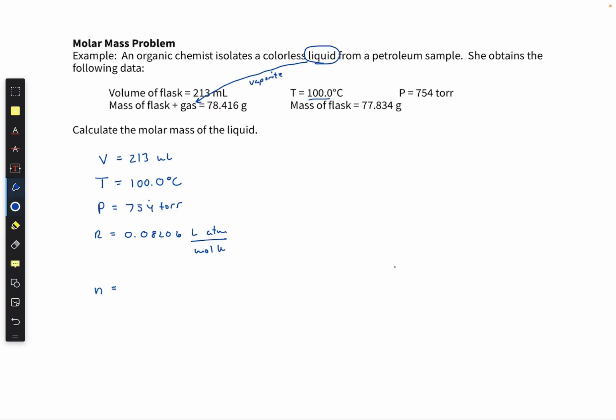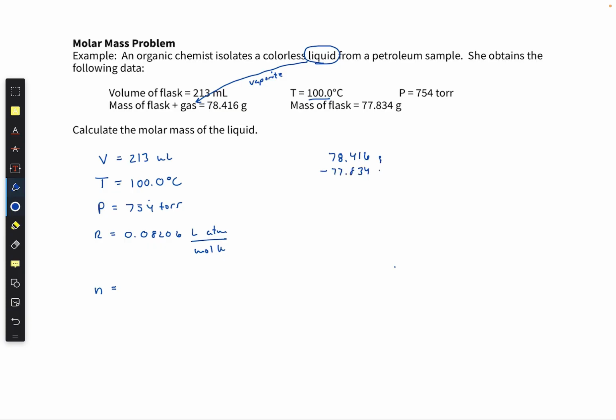And notice that the temperature here is 100 degrees Celsius, so we're probably heating this up well above its boiling point. So what we can do is figure out the mass of the sample by subtraction. It's just the tare mass, so we subtract the empty flask from the mass of the flask plus sample.